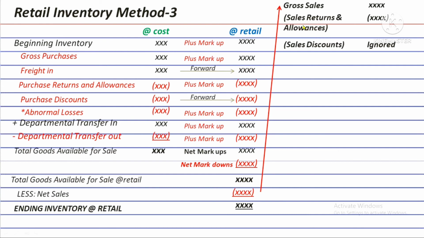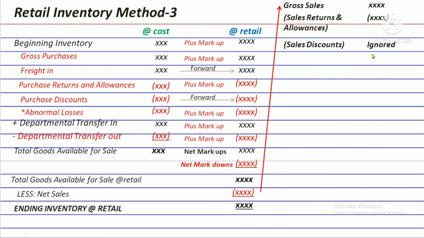So there is an inflow of physical units of inventory. Again, sales discounts result in neither inflow nor outflow of physical units. That is why they need to be ignored.